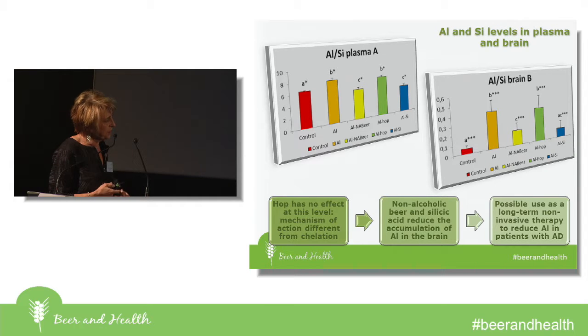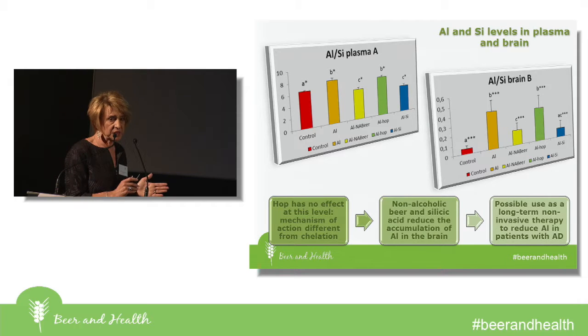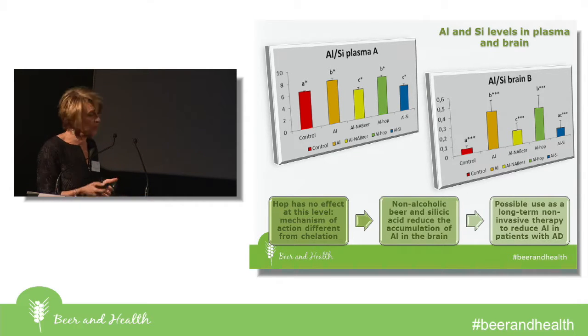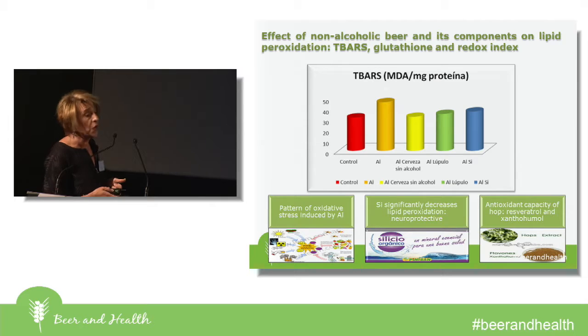There are no hydroxyaluminum silicates. So, non-alcoholic beer and silicic acid reduce the accumulation of this metal in the brain, and this indicates that there could be a possible use as a long-term non-invasive therapy to reduce aluminum in patients, not only in patients with Alzheimer's, but in many people.